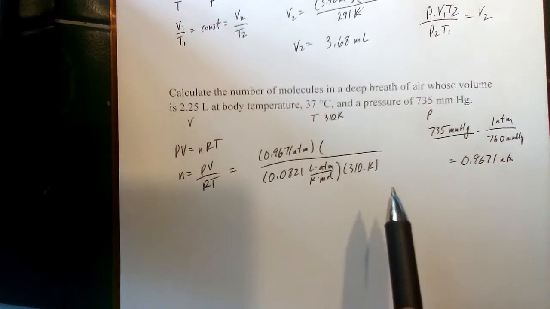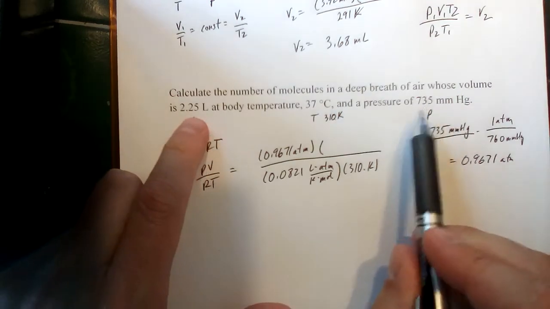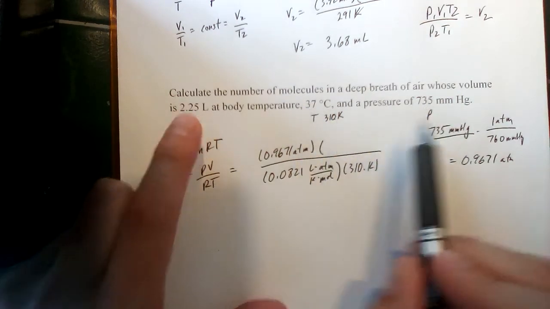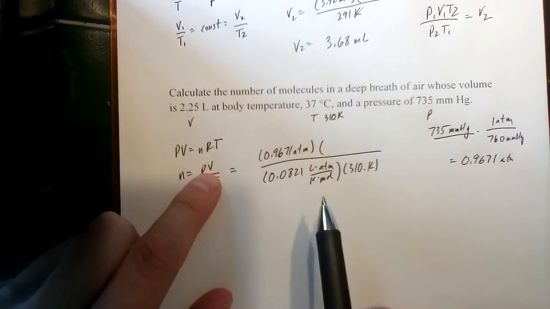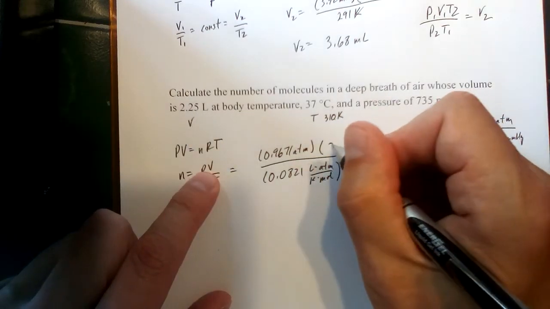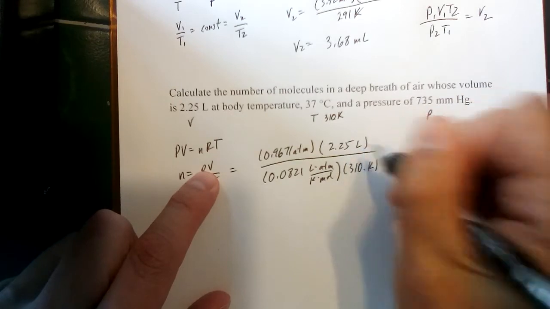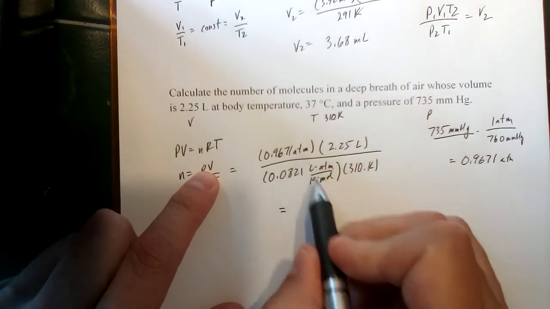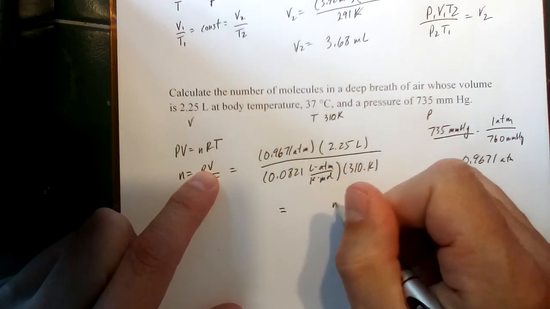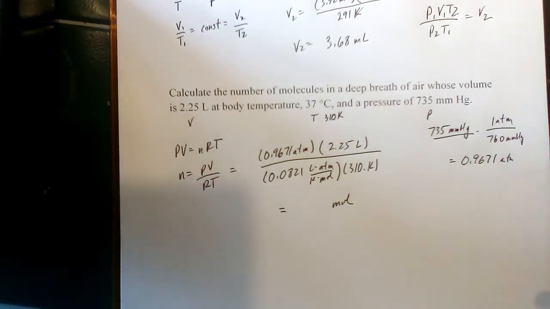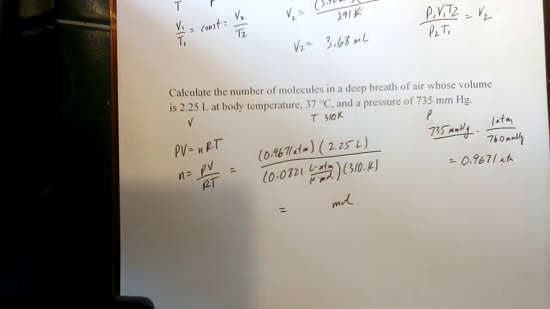We're really going to end up at 3 sig figs here. This is 3 once we convert it to Kelvin, and these are 3 as well. The volume is just fine in liters, 2.25 liters. Now, like we saw before, the units are a little more complicated, but they'll end up just as moles. So, multiply all this out.